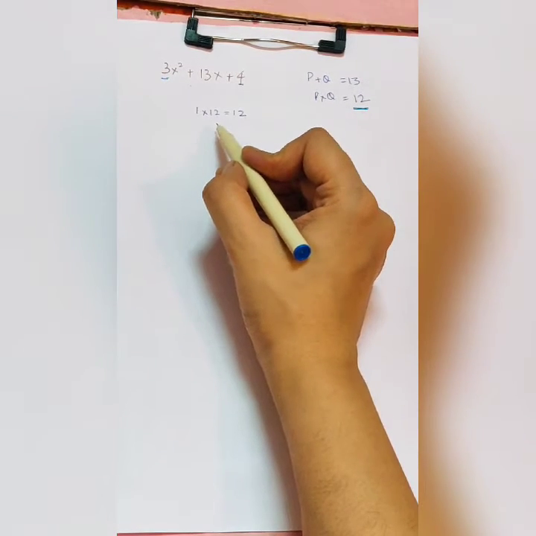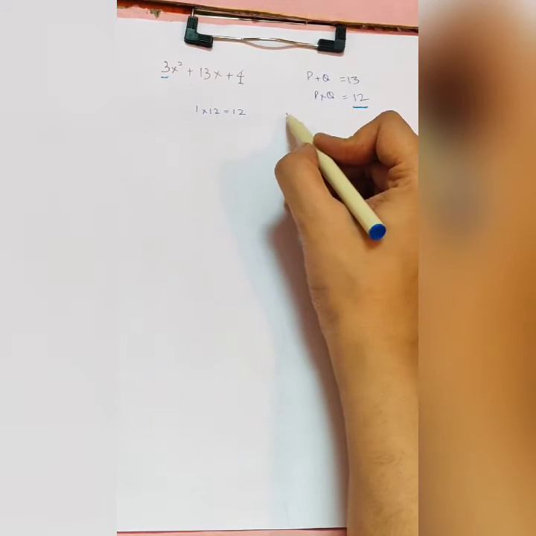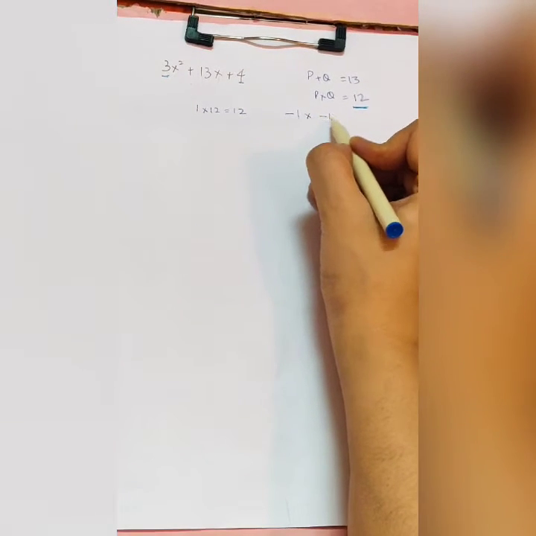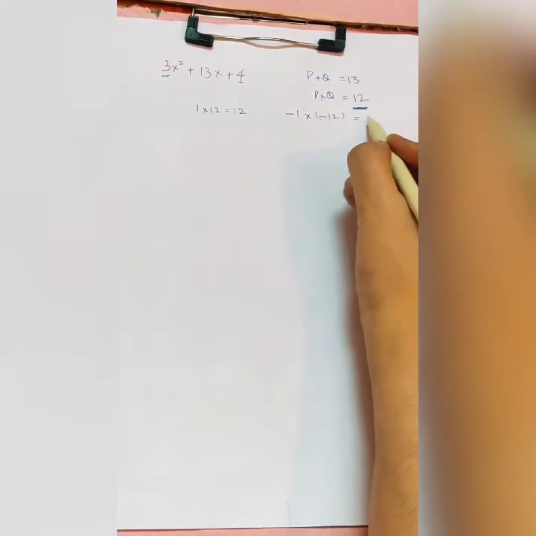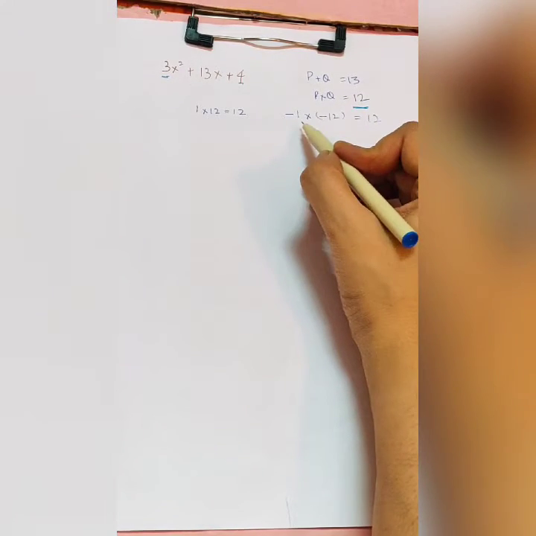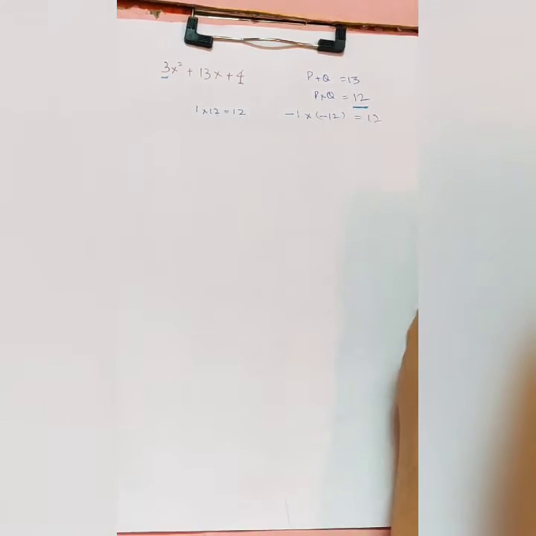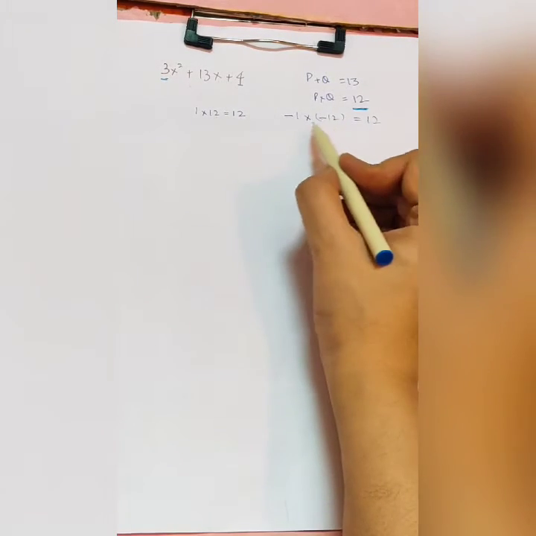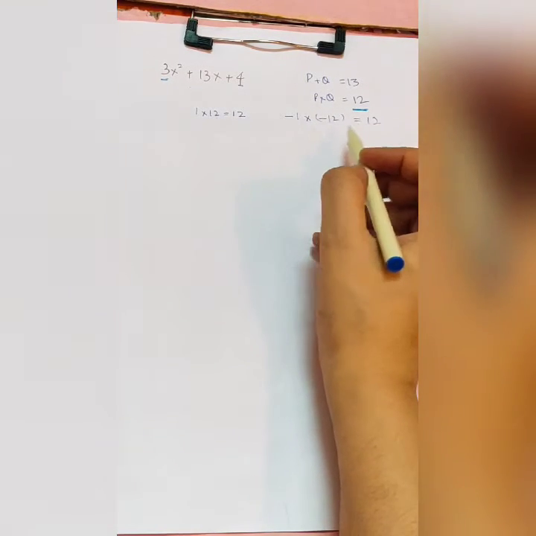If 1 into 12 gives us 12, then also minus 1 into minus 12 gives us 12. The minus minus cancels out and we get 12. So if we are taking the positive numbers, we should consider the negative numbers also. We can't miss these.